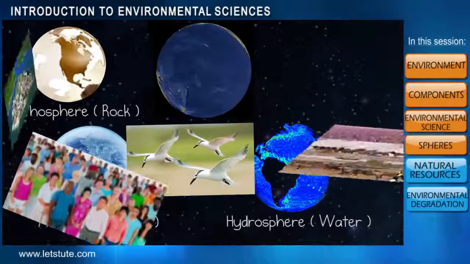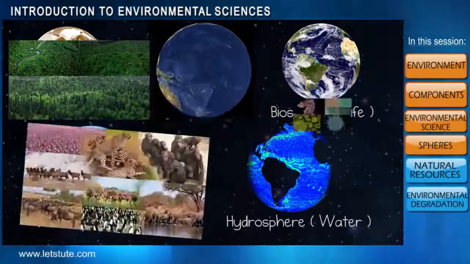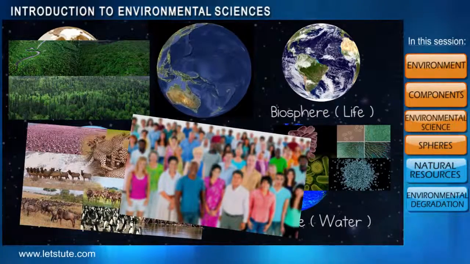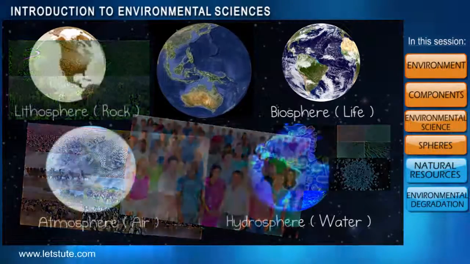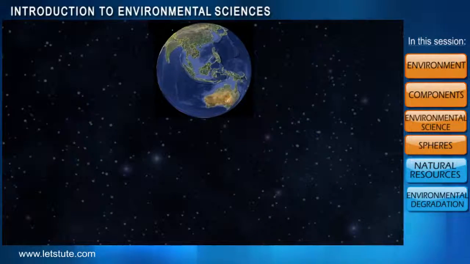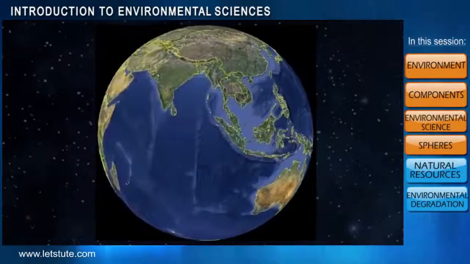And also, the various life forms on the Earth like plants, animals, microorganisms, and we humans are part of another sphere called the biosphere. When these four spheres combine, it gives us the entire large sphere, which is our planet Earth.